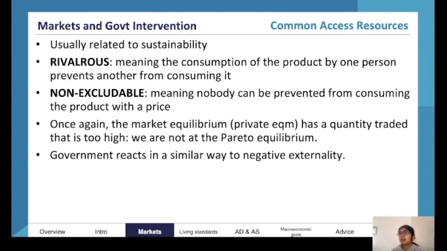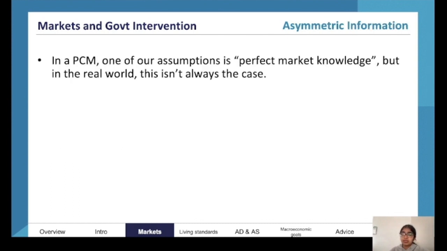It's not like someone can own it and say, well, you're not allowed to fish here. So that's an example. How does the government react? They might put limits. For example, in terms of fishing, they might say you can't catch fish that are smaller than this size, or you can't catch more than this many fish in one day. Putting those limits might help sustain those common access resources.